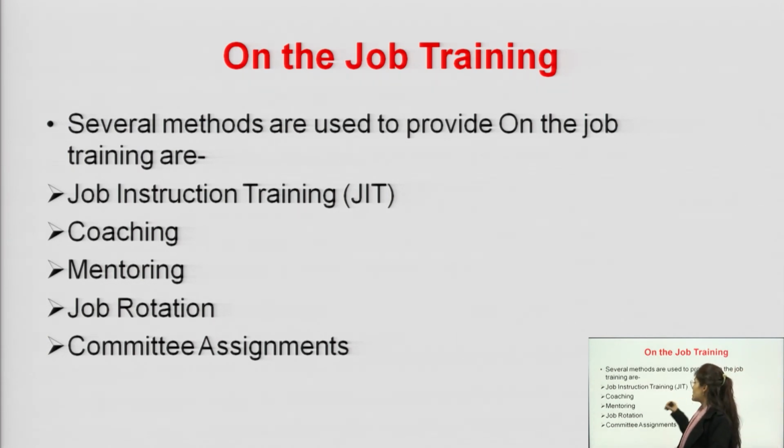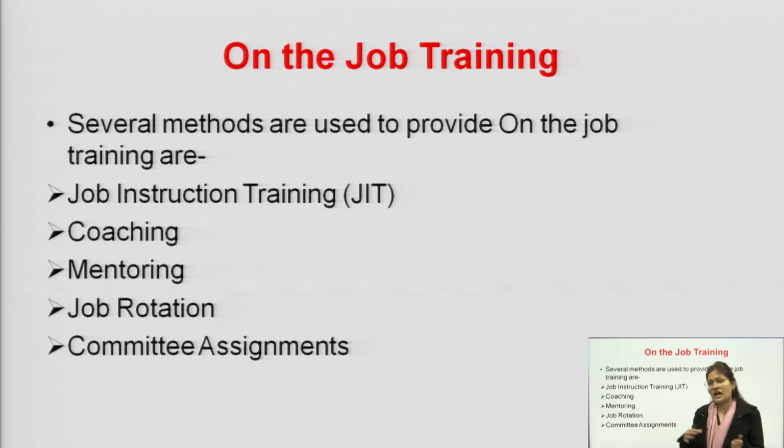Job instruction training is a step-by-step training where there are 4 steps. Number 1, first the trainer gives an overview of the particular job. Once he gives the overview, then he demonstrates the particular job, how the trainee has to perform at their actual workplace. After the demonstration, the trainer asks the trainee to mimic the same way the trainer did.